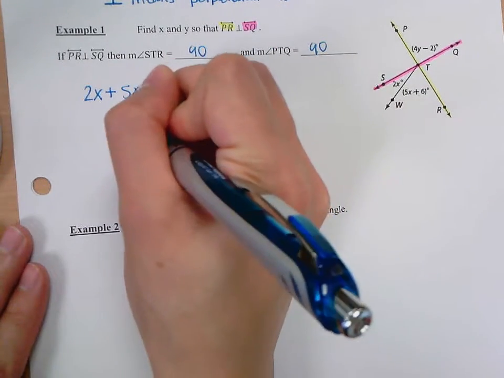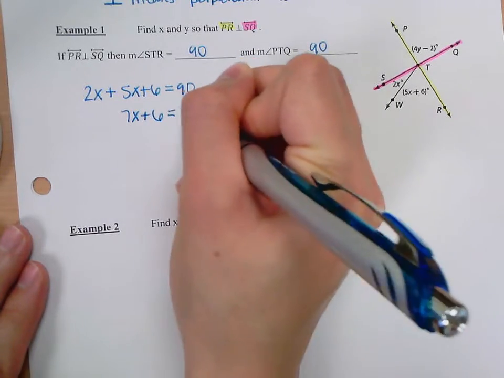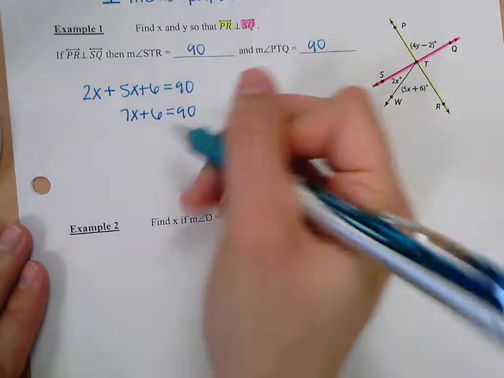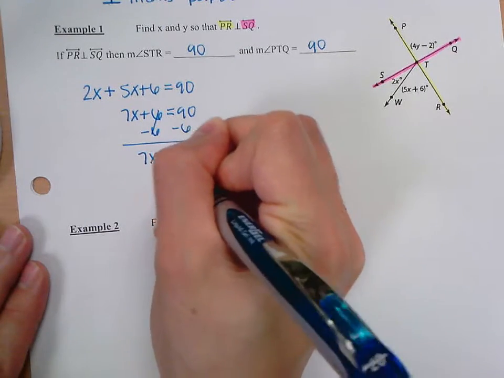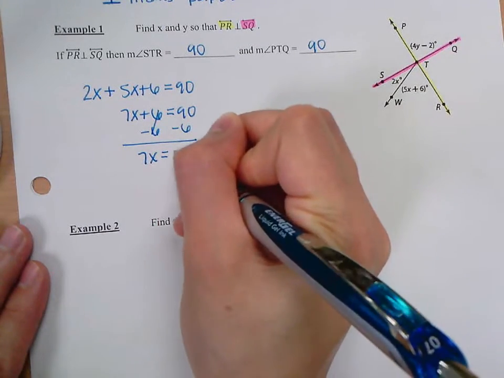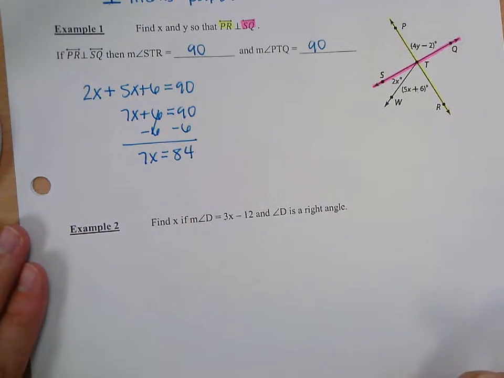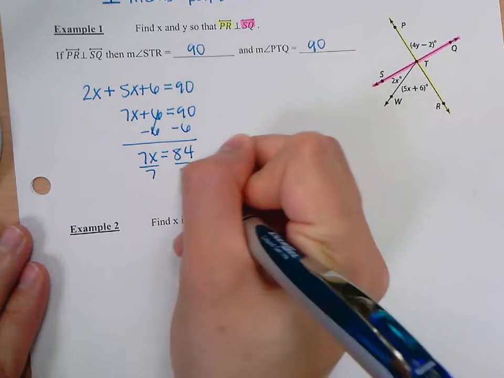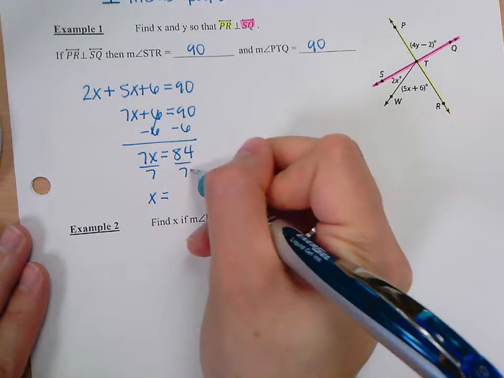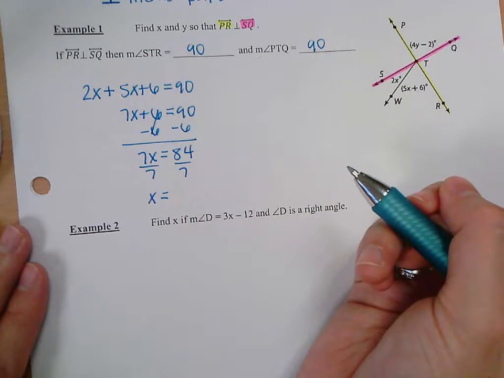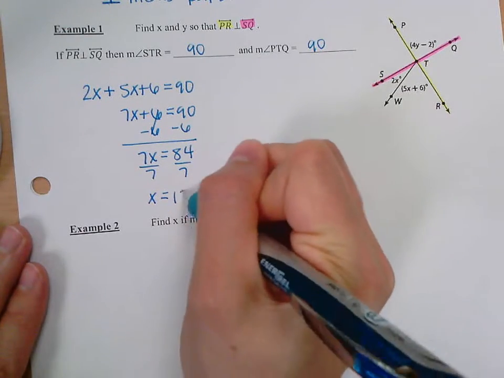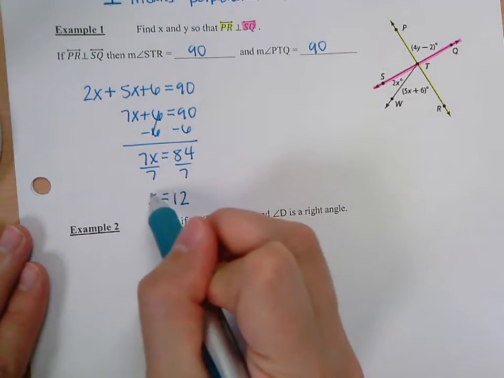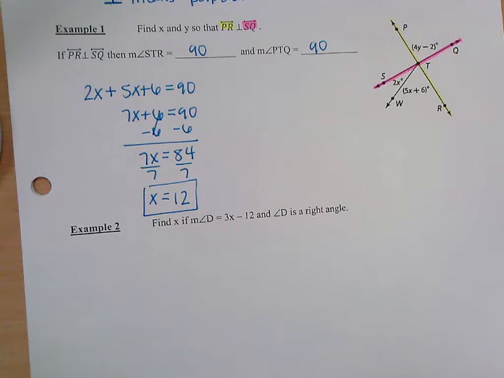That's 7x plus 6 equals 90. I can subtract 6 from both sides. 7x is equal to 84. Divide by 7. 84 divided by 7 is 12. So x is 12, or the value of 12 makes the lines perpendicular.